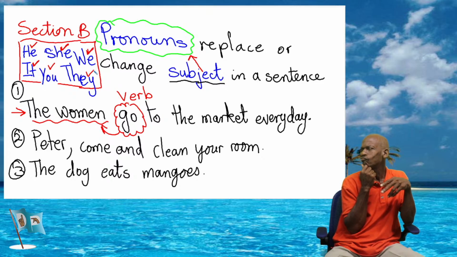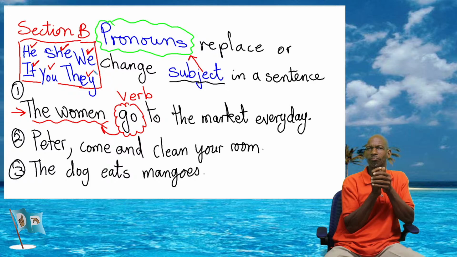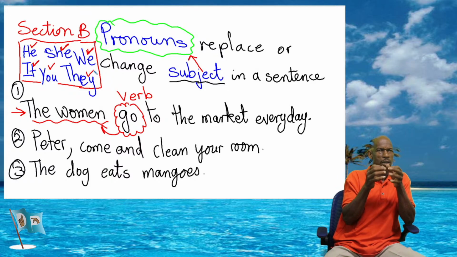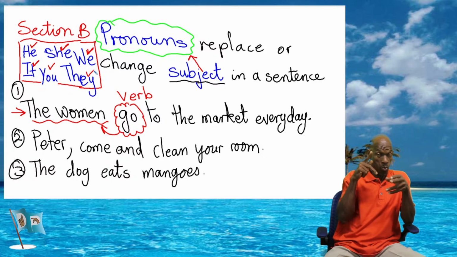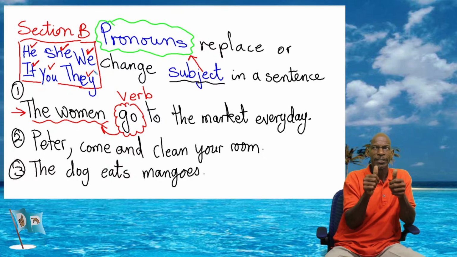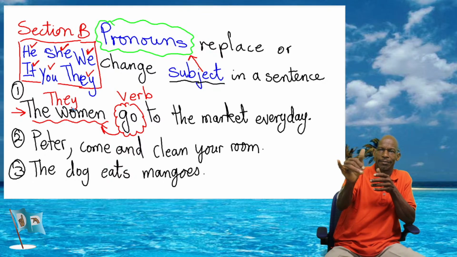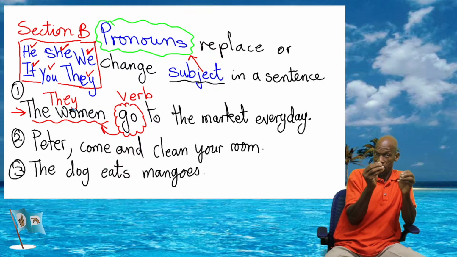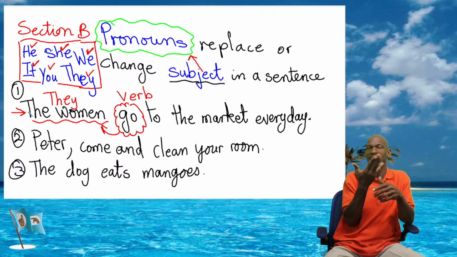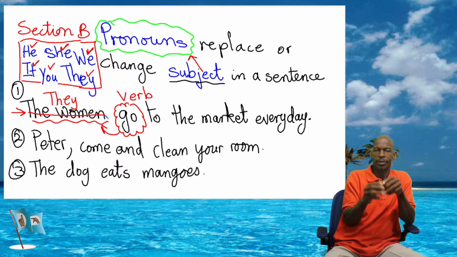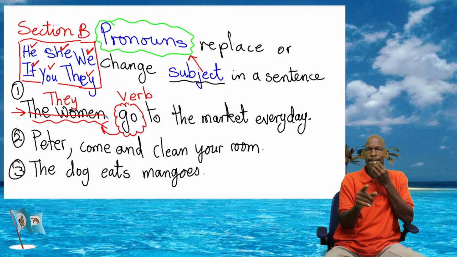Based on my explanation about the meaning of these pronouns in our lessons during the term, you will know that the only pronoun that makes sense for the woman is the word they. I give you the answer for this first one. I'm taking out woman and putting they. They go to the market every day.